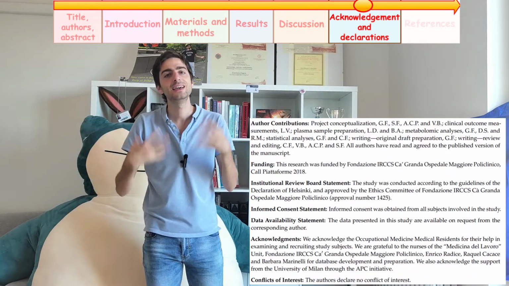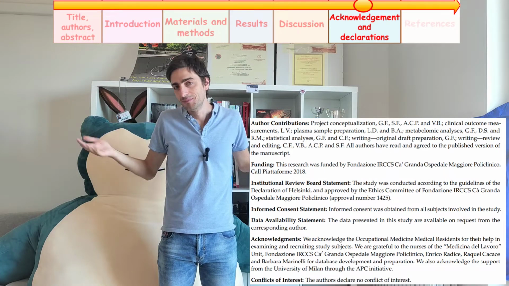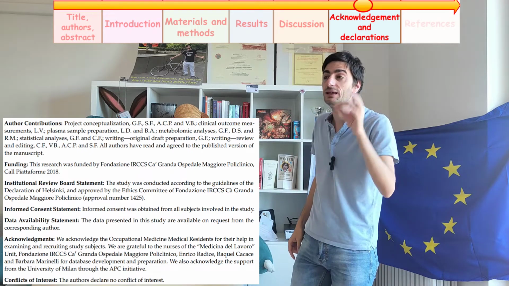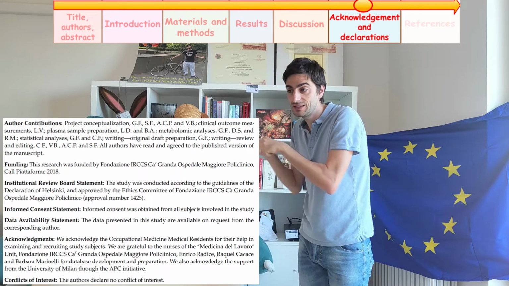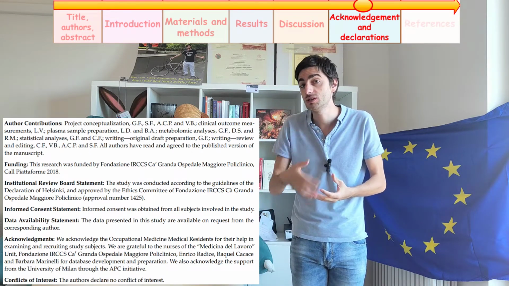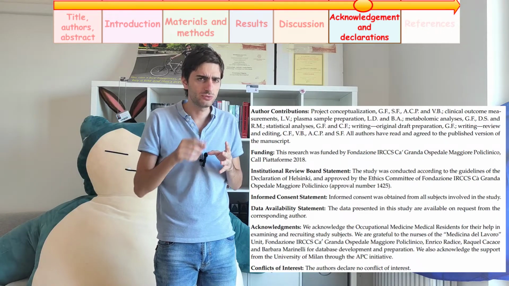To conduct our research, we as researchers need money. It is a scientifically important piece of information to report in this section where the money was obtained to conduct the research. Because there is a difference, you know, and watch out for this.